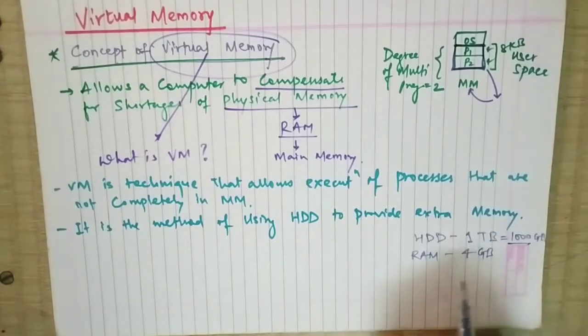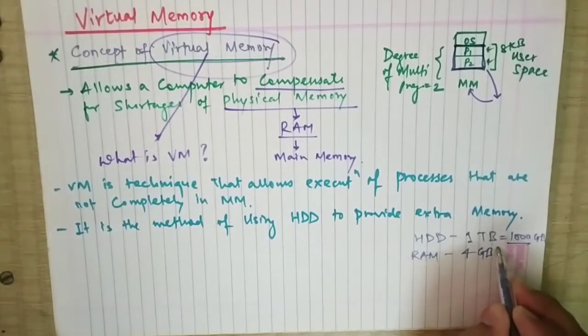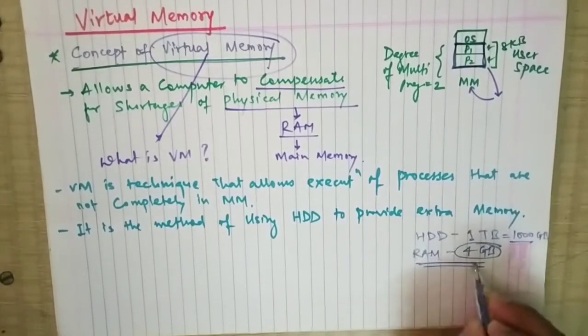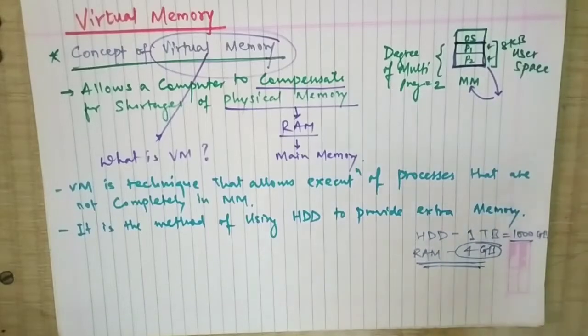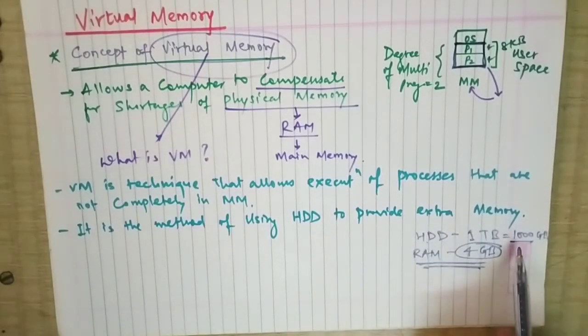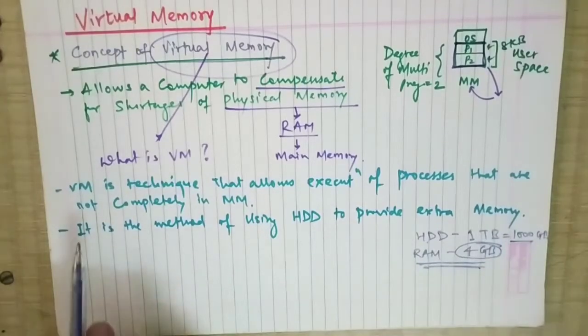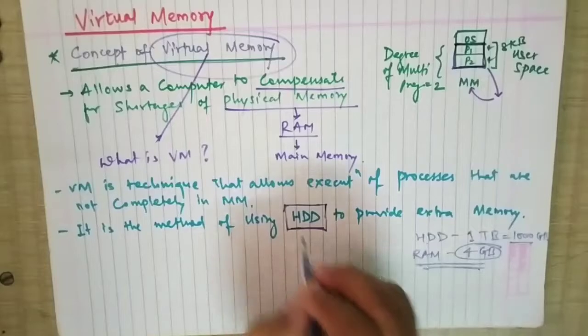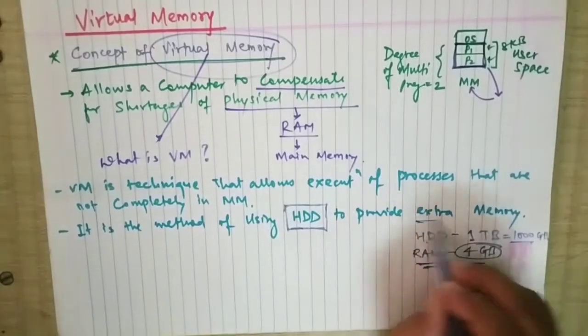So what can we do if we are having a shortage of the RAM? We can make use of the memory which is available in the hard disk. It is the method of using the hard disk to provide extra memory.